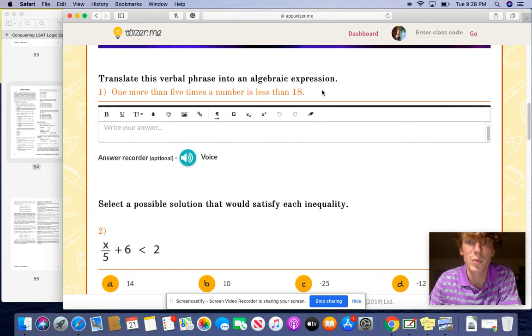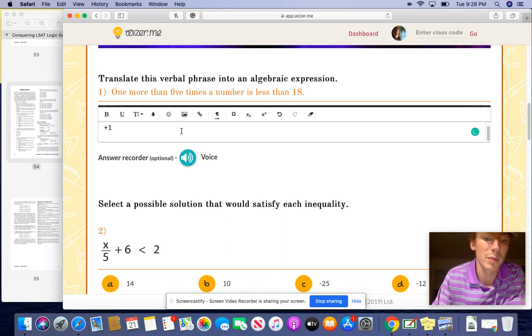Translate this into an algebraic expression. All this right here means is write it like, for example, x is less than 5. Okay. So this one says one more than 5 times a number is less than 18. One more, so that'd be plus 1. 5 times a number.